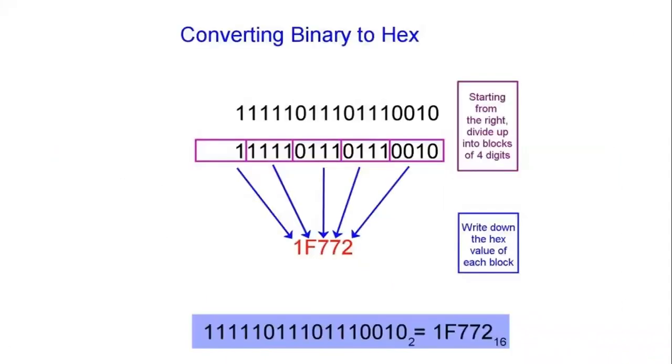Same form over here. You divide it into groups of 4 instead of 3 because hexadecimal is a 4-bit binary code.